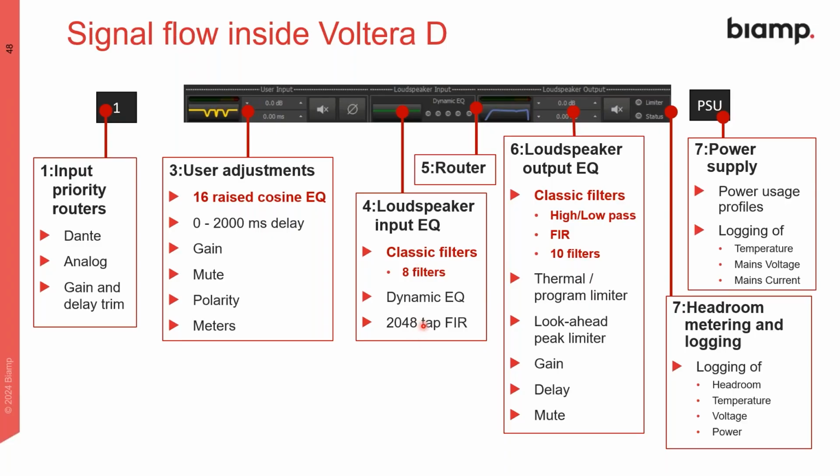We can even add our own FIR. The output section, loudspeaker EQ, this is for any factory setting from the ALAMOS library that you use. This is all locked up, but if you create your own, all this is available to you. But these settings are locked up from the factory, including our limiter, protection, high pass, etc., etc.